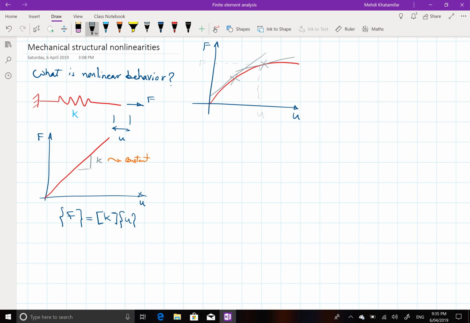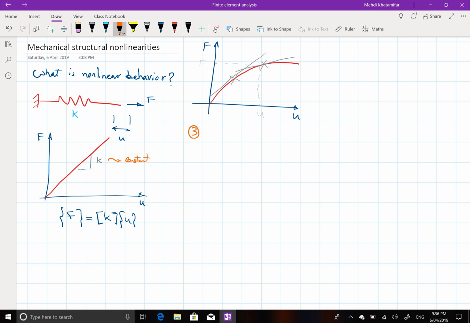ANSYS is going to take care of this nonlinear behavior by using linear relations and equations. So how many nonlinearities are we going to have? We are going to have three main sources of nonlinearities.